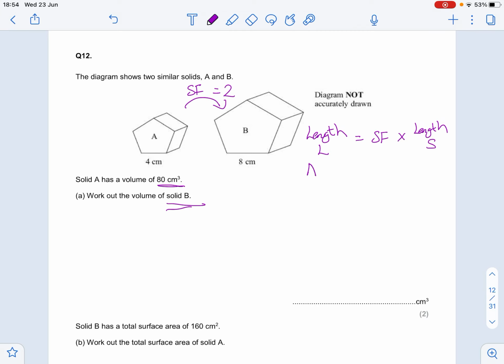If we talk about area, the area of the larger shape will be the scale factor squared multiplied by the area of the small shape. If we talk about volume, it will be the scale factor cubed. So the volume of the larger shape is equal to the scale factor cubed multiplied by the volume of the smaller shape.